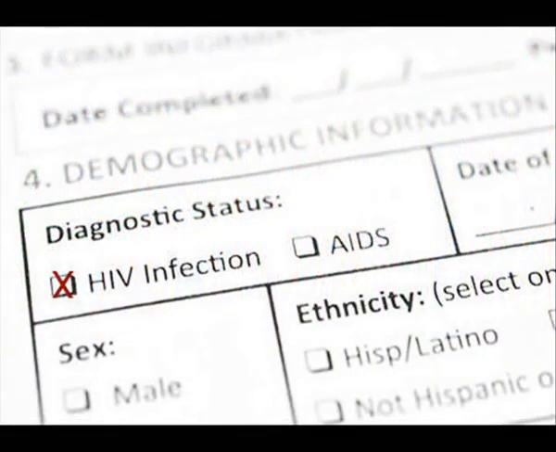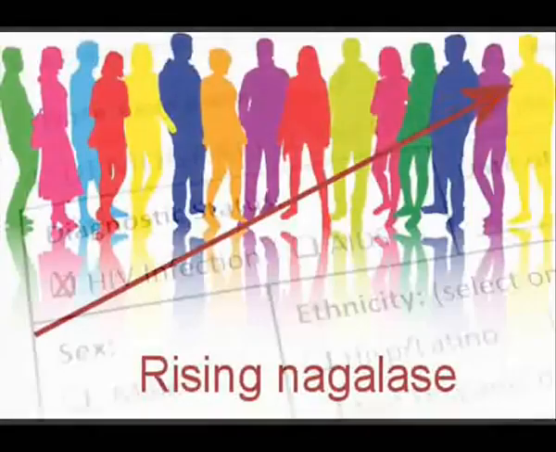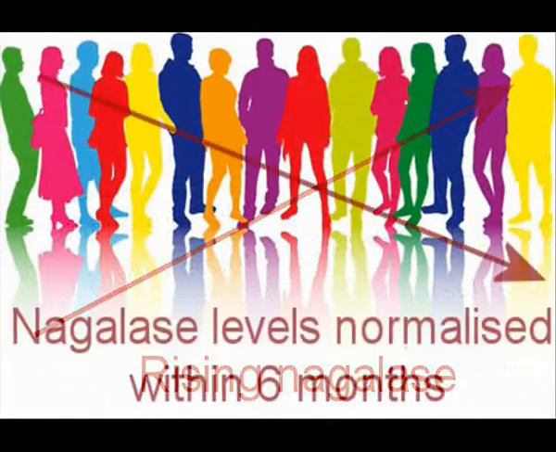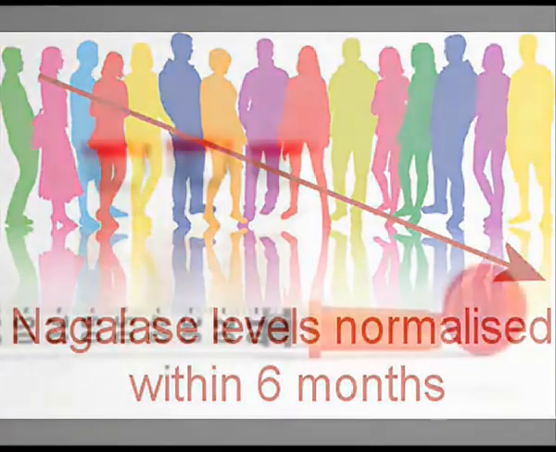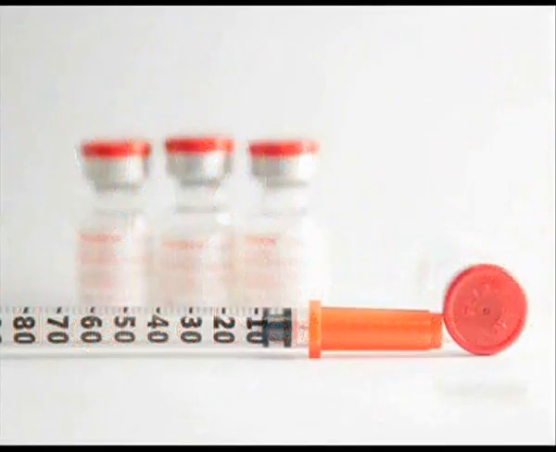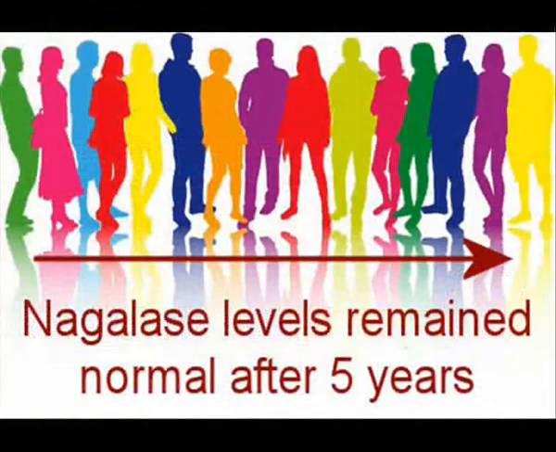Dr. Yamamoto then ran a similar trial with similar results, but this time with 30 HIV patients. All began the trial with elevated Nagalase levels, which were normalized within 6 months by administering 100 nanograms weekly intramuscular injections of GcMAF. Follow-up tests years after showed Nagalase levels remained in the range considered normal.